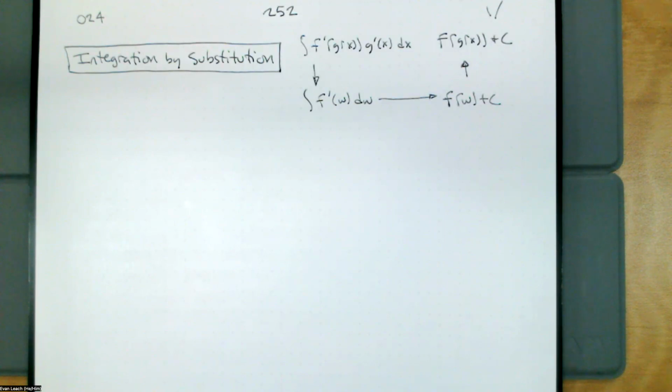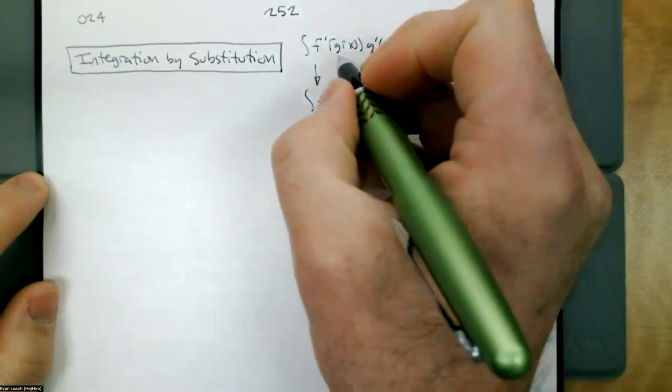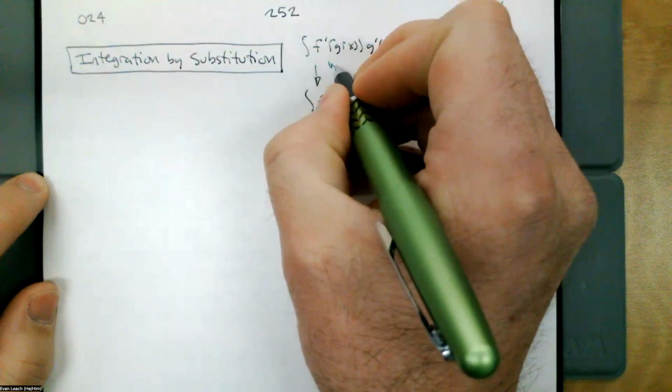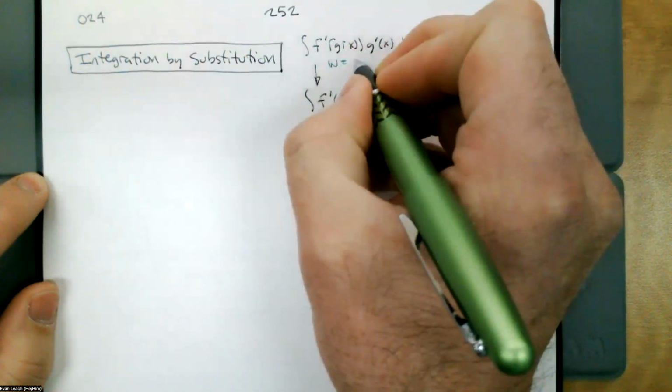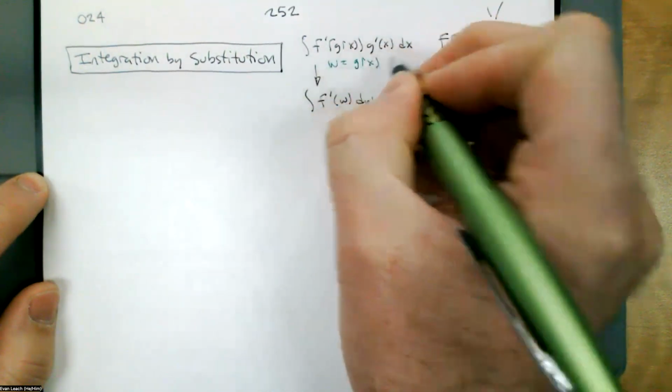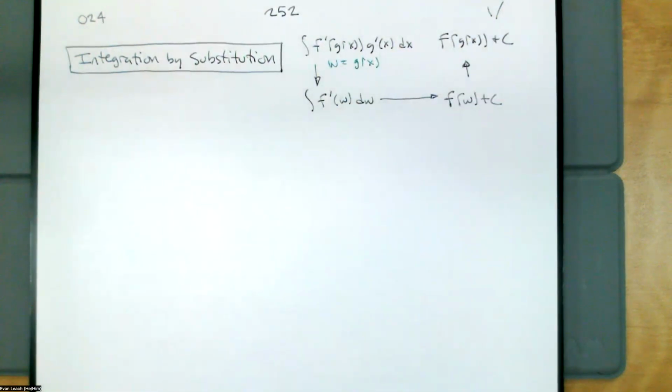So the substitution technique relies on two things. First of all, we have to identify something that we can call an inside function. We don't just get to make this choice willy-nilly. When we make this choice, let's say w equals g of x, we have to remember that this substitution will only work in certain situations.